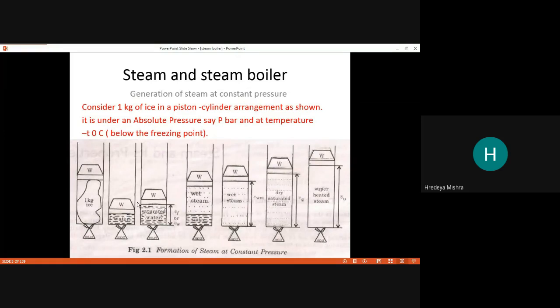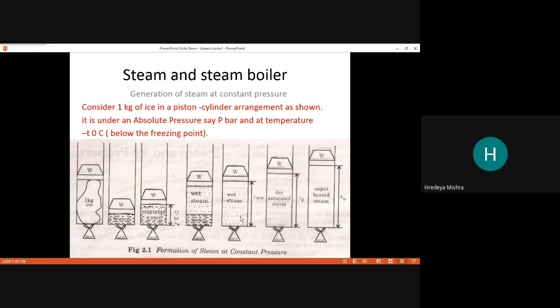It means a particular temperature of water after which, if the temperature is increased, steam generation starts, or we can say that a phase change occurs.